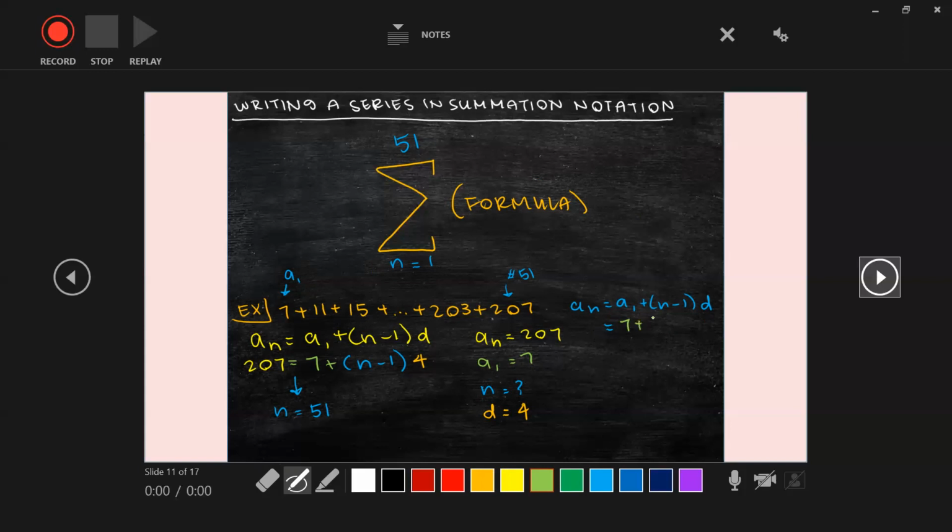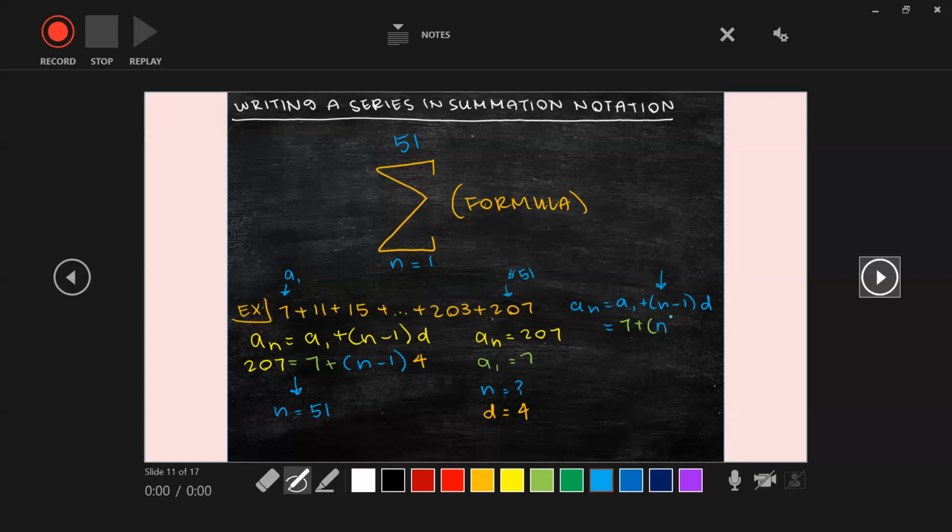So 7 plus, what did we find n to be? Okay. Let me backtrack for 1 second. So we did find n to be 51, but whenever we have an explicit formula, we always have one variable that's left over. So what is that?